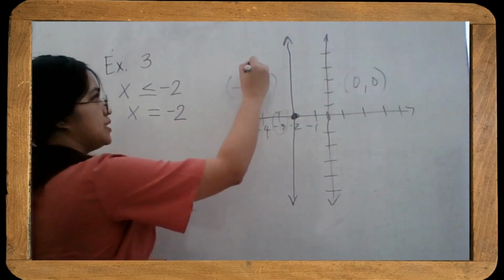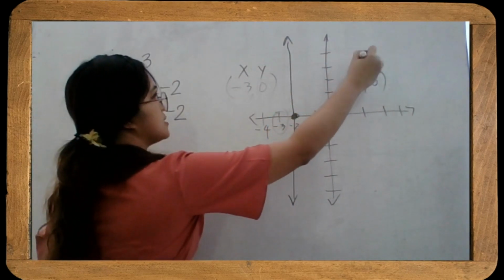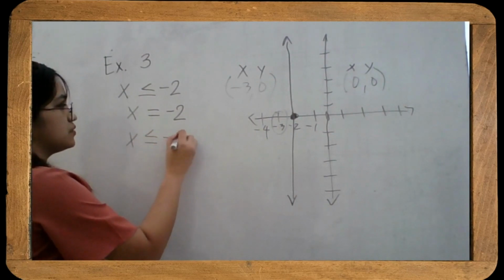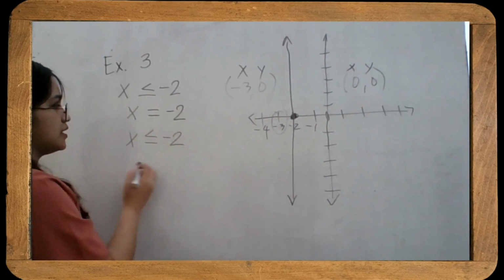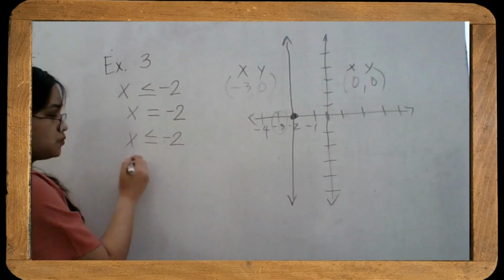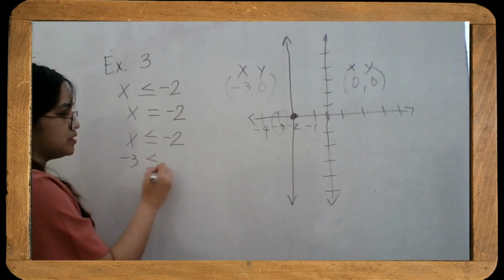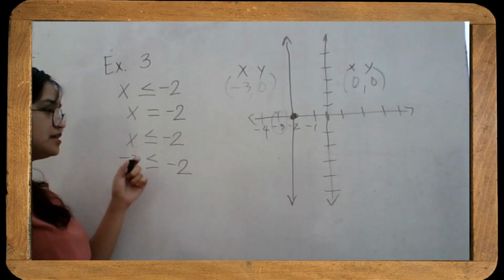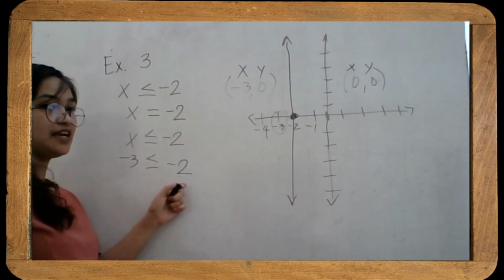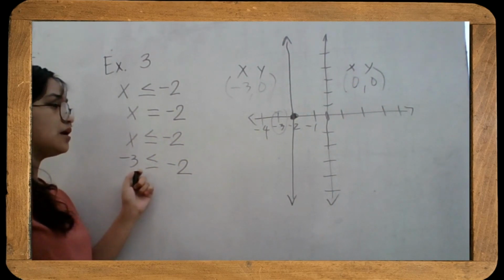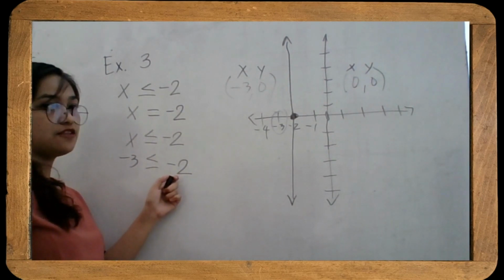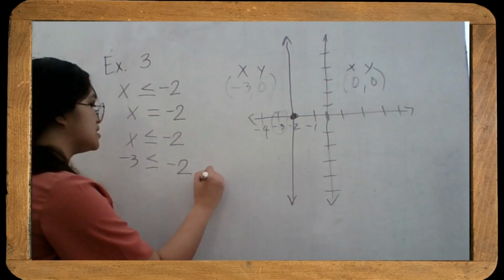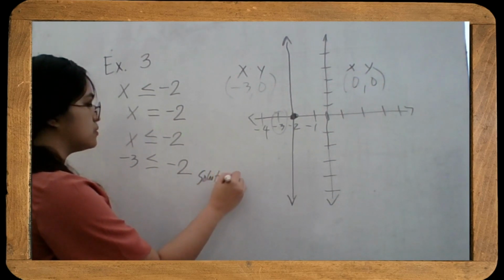So, this would be x and y. So, x is less than or equal to negative 2. Substitute natin. Siyempre, si x lang naman ang given. So, we have negative 3 less than or equal to negative 2. Is it true that negative 3 is less than or equal to negative 2? Mas mababa daw si negative 3 kay negative 2, which is true. So, this is a solution.